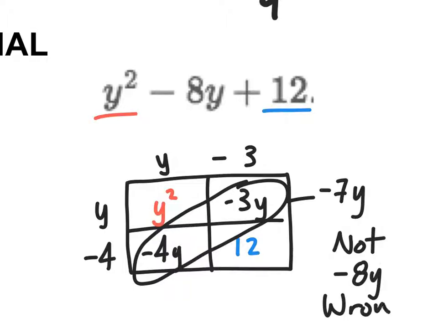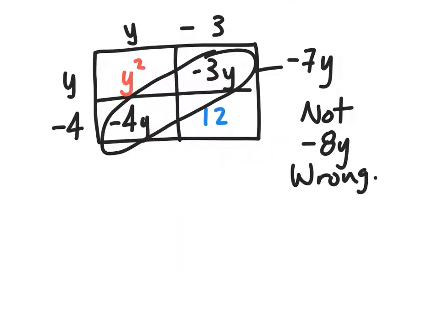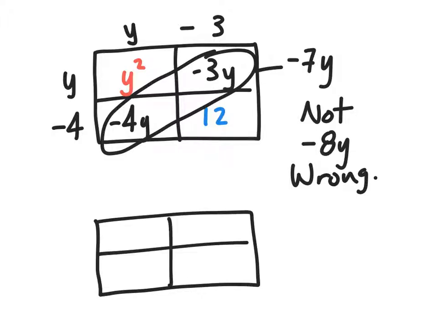And that's a cool thing about this, is you can just guess and check. So now let's try this again. Let's draw another box. I'm going to put my y squared here. I'm going to put my 12 here. I've got y here, y here. Let's try something else. Let's try 2 and 6, but let's do -2 and -6.